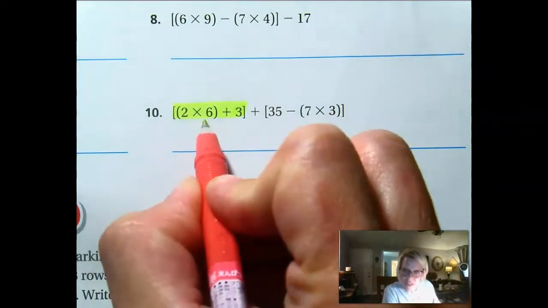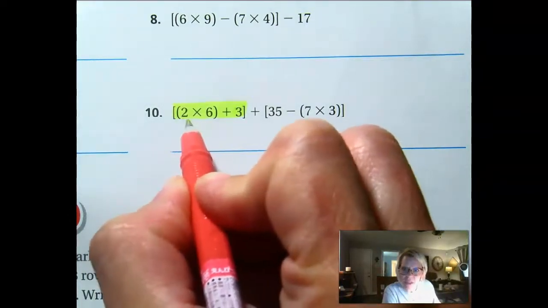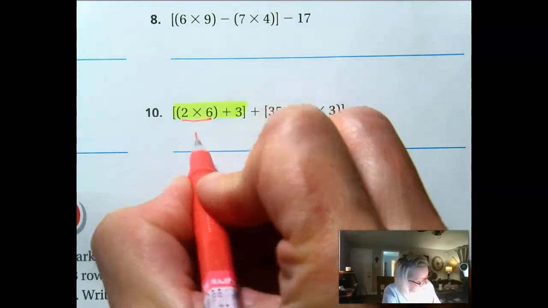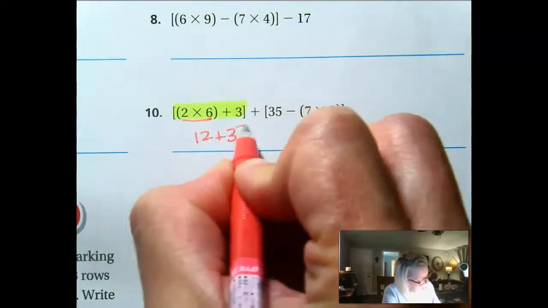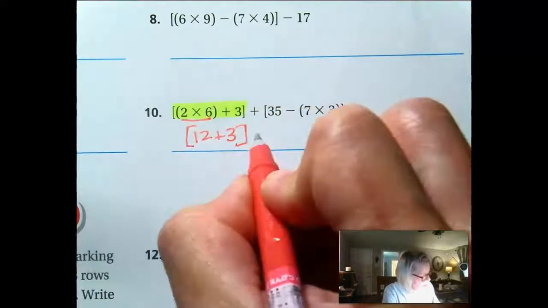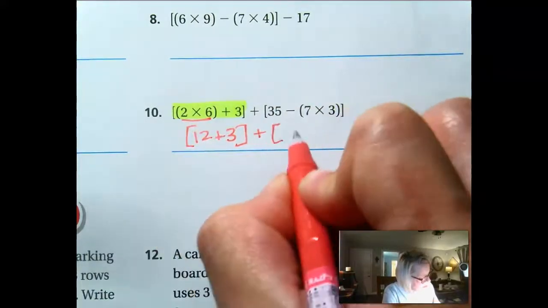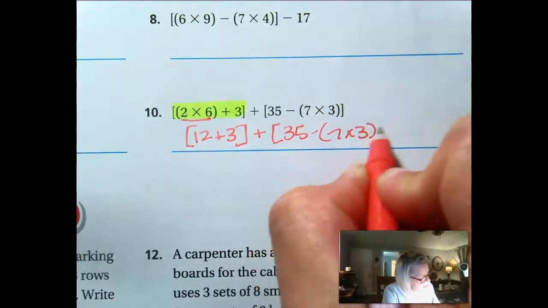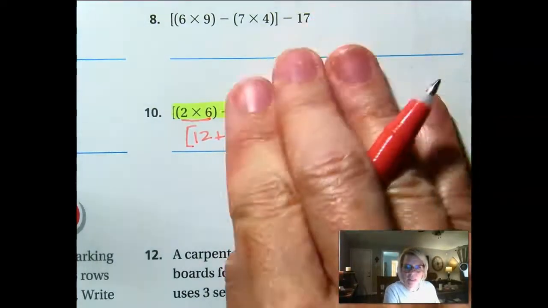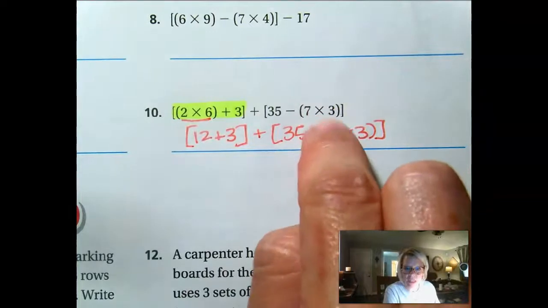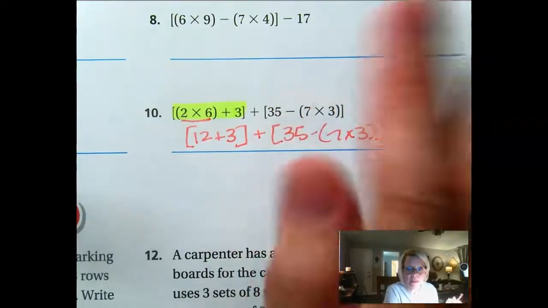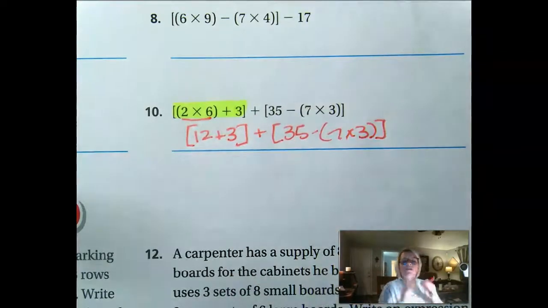So we do see parentheses inside the bracket, so we have to solve this part first. 2 times 6 is 12. We're going to add that to 3, and that stays in brackets, and we'll just keep it. Okay, you could go ahead and write this side. And we don't even have to do that one yet. You could work it at the same time. You could say, okay, well, 7 times 3 is 21, and you can do it however you want to, as long as you're following the rules inside those brackets.